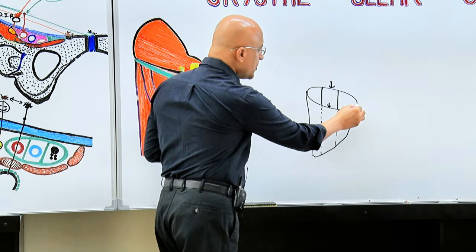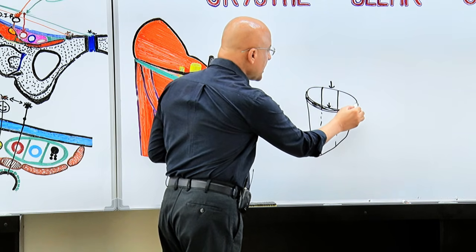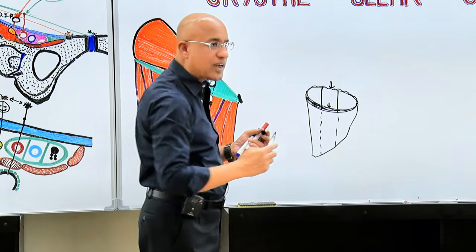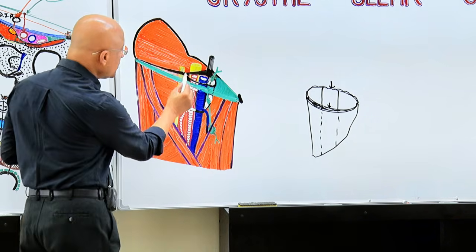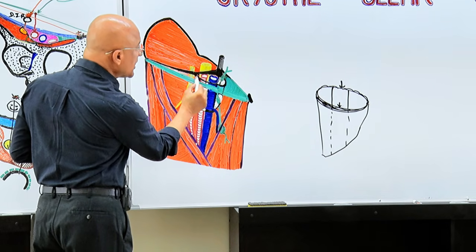Fascia transversalis. And the posterior part is what? Fascia iliaca. Both of them fuse on the sides and make a sheath. So this sheath is here. This is fascia iliaca and this is fascia transversalis.